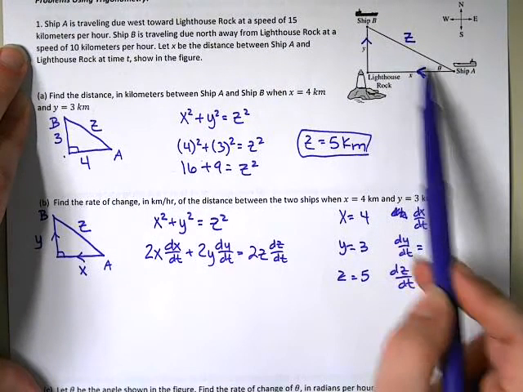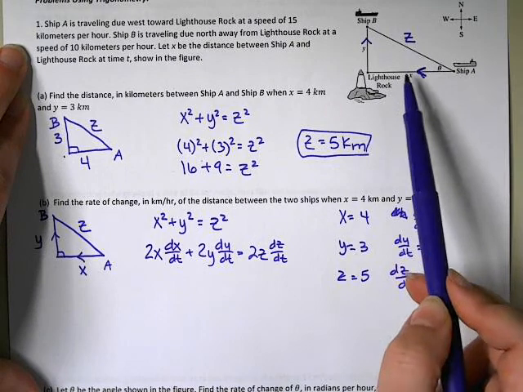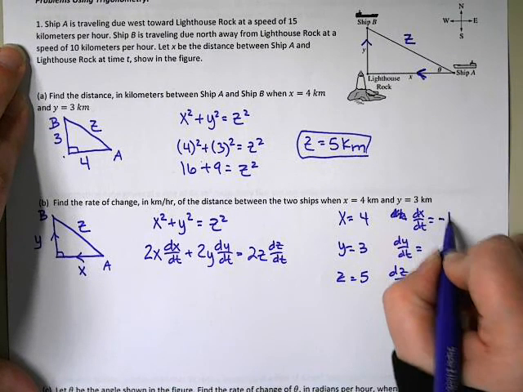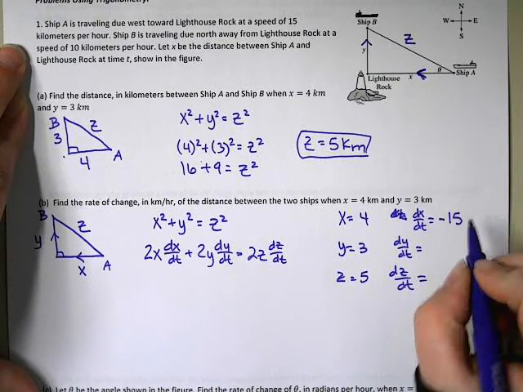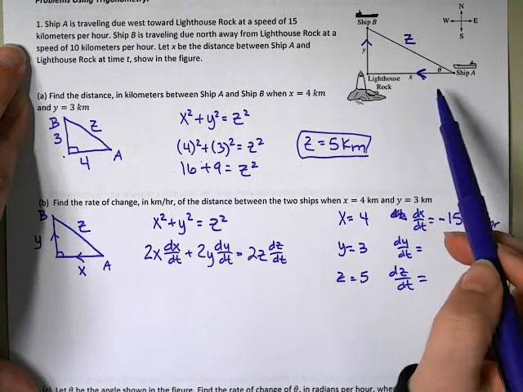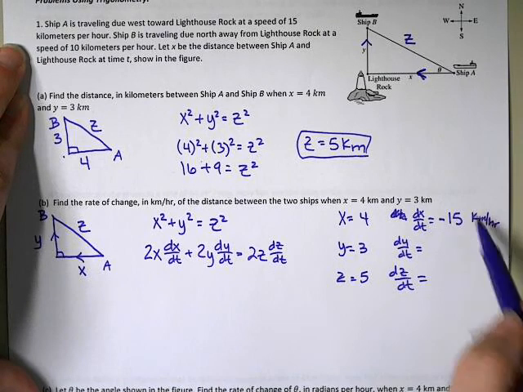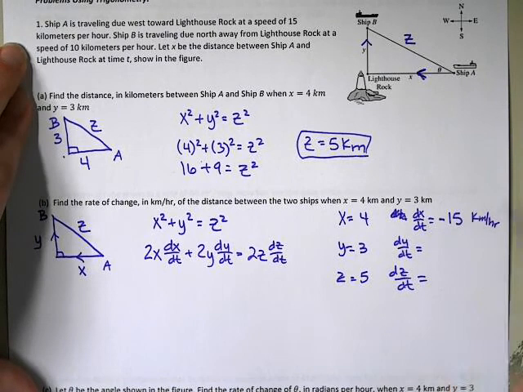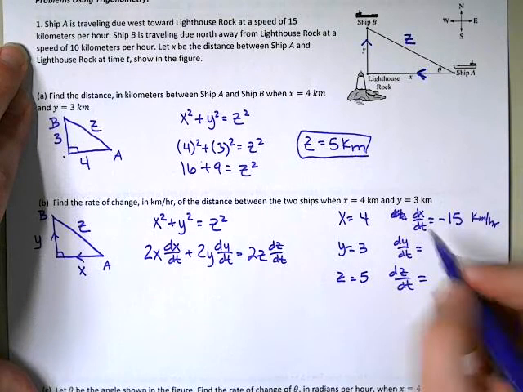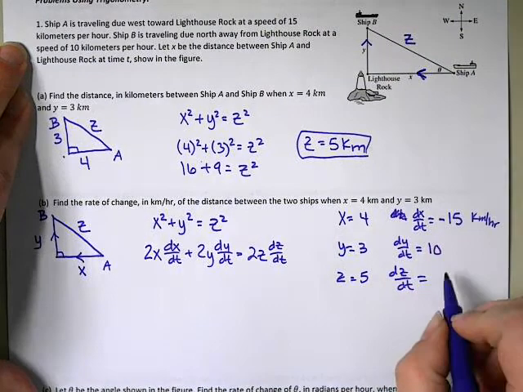Since this distance is getting smaller, we know that this dx/dt is actually negative 15 kilometers per hour because the distance is decreasing, so it's got to be a negative rate. And then ship B is traveling away from the lighthouse, so that's a positive 10 kilometers per hour.